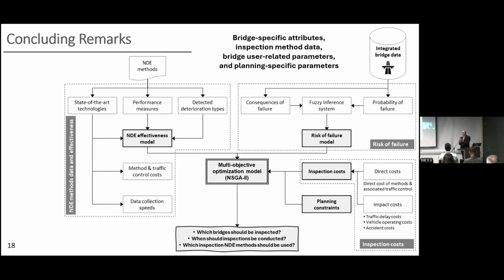So if we know the historical severity and the type of defects that already exist in the bridge, we can allocate what type of non-destructive technique, like ground penetrating radar or infrared thermography, can be used for this specific type of bridge.